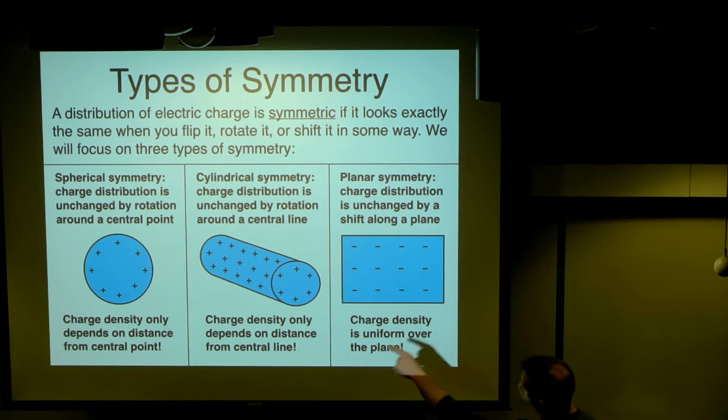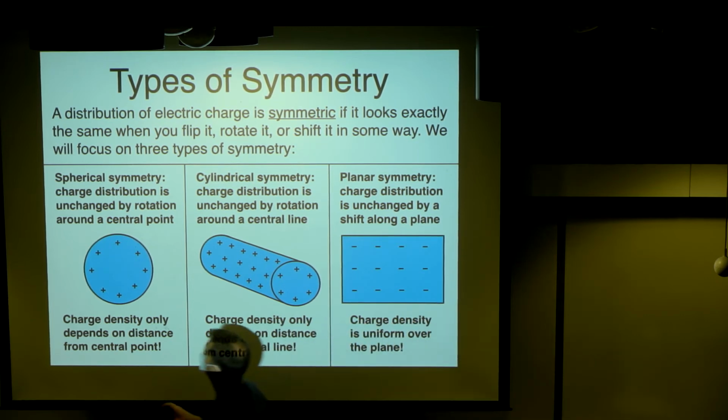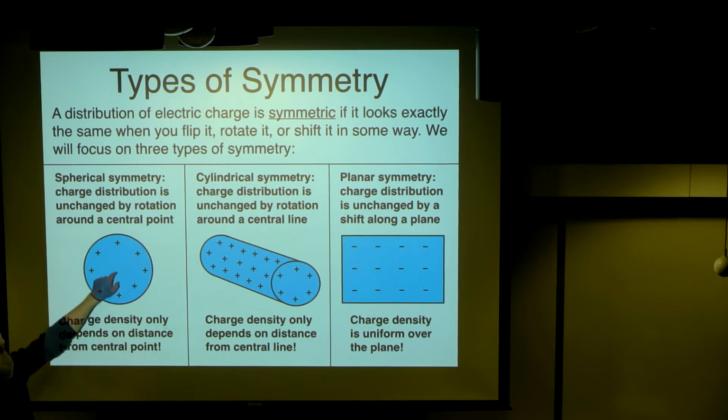So let's get into the three types of symmetry, and we'll start with this one, spherical symmetry. So when we have a spherically symmetric distribution of charge, it means if we rotate it around some kind of central point by any amount, it still looks exactly the same. So let me take this as our example. We have a ball with a bunch of positive charge distributed over the outside of it, right?